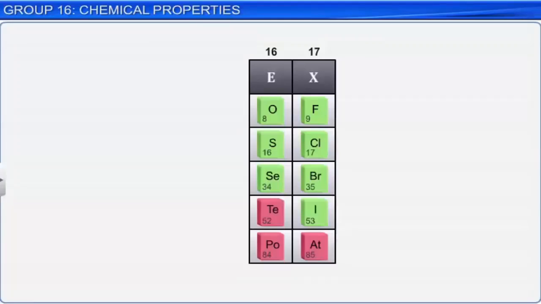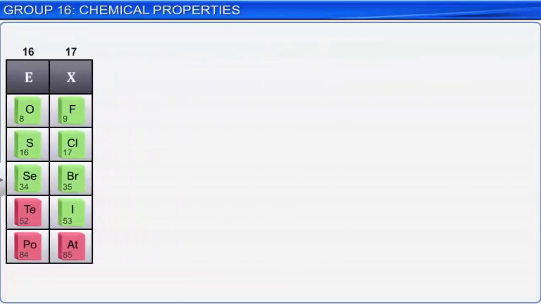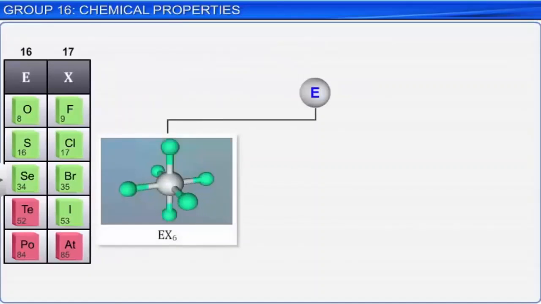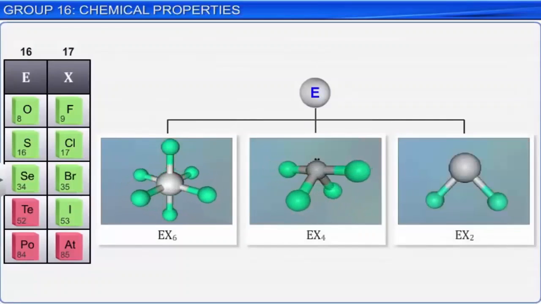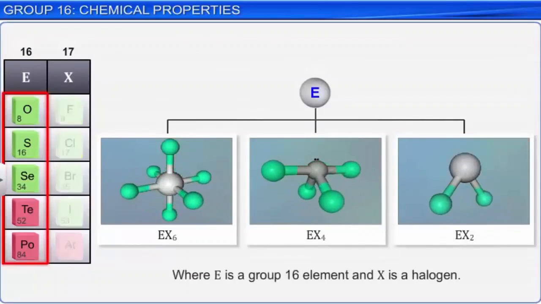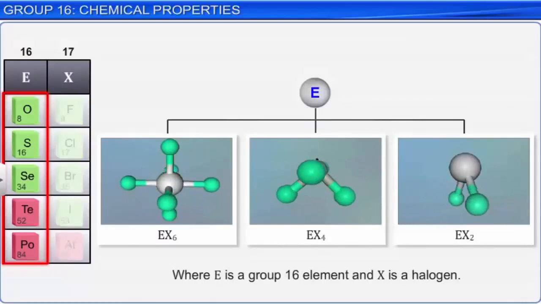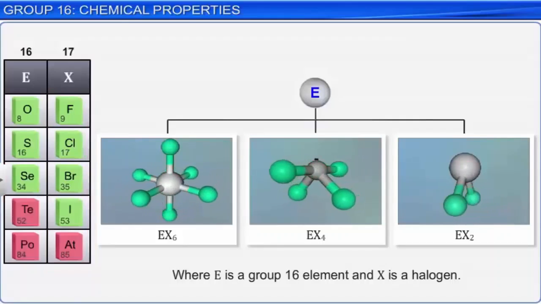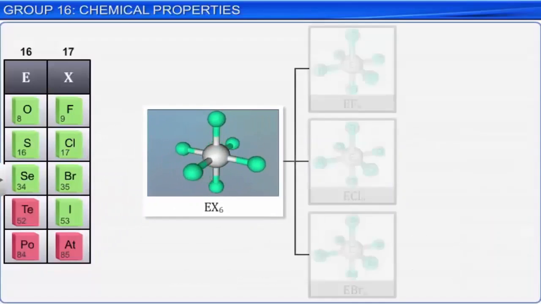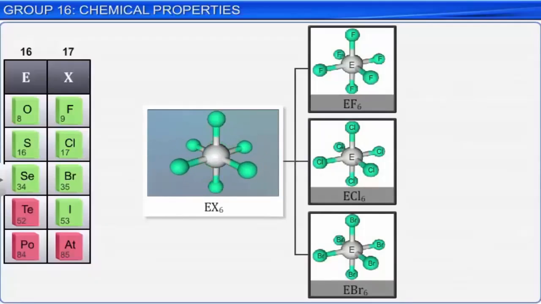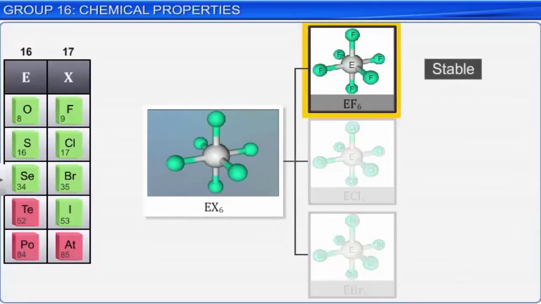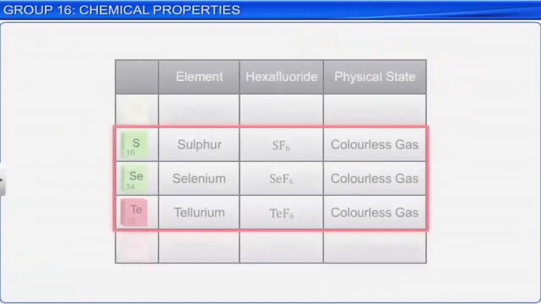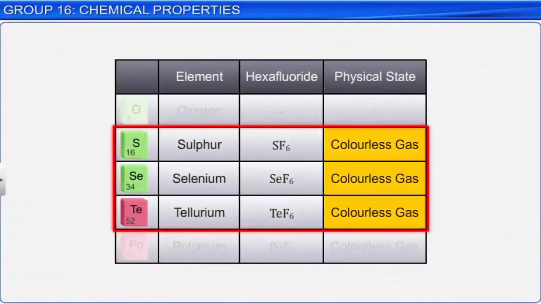Group 16 elements form a large number of halides of the type EX6, EX4, and EX2, where E is a group 16 element and X is a halogen. Among hexahalides, only hexafluorides are stable. They are all colorless gases.